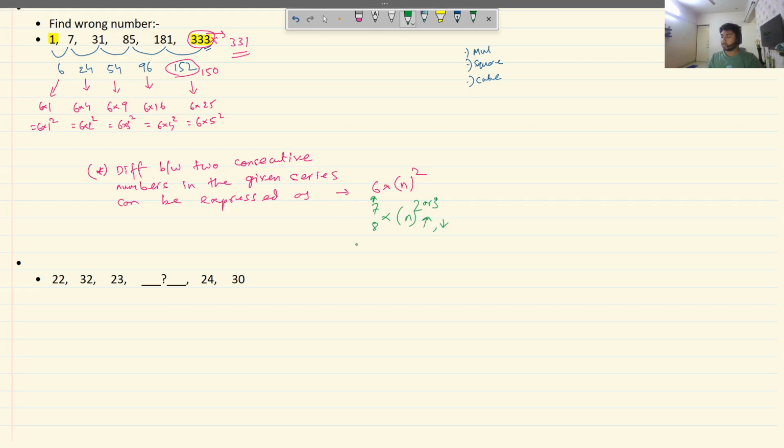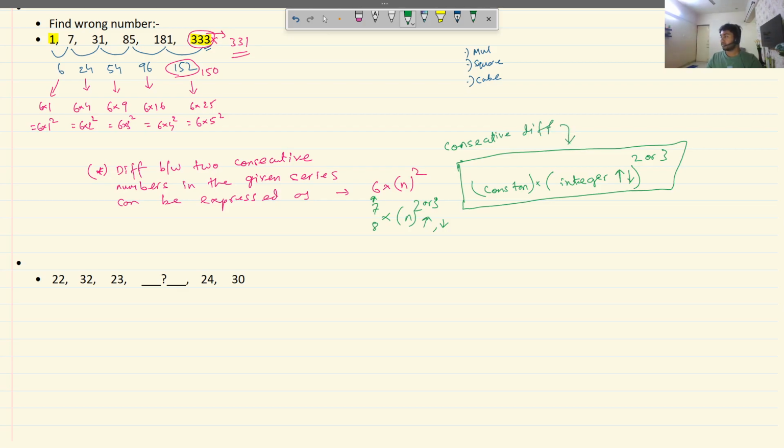So this is basically a constant into integer that can increase or decrease, its squared or cube. This is my logic. And this is not the actual number, the consecutive difference follows this pattern.